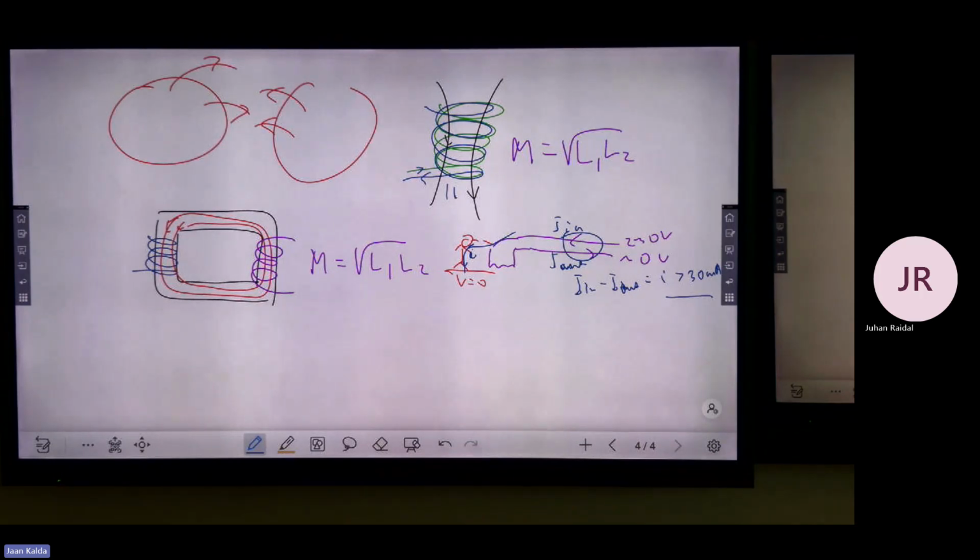So if you have many bodies, charge on one body can induce voltage on another body as well. That then becomes mutual capacitance. And of course, you have the same reciprocity ratio for the mutual capacitance as well.